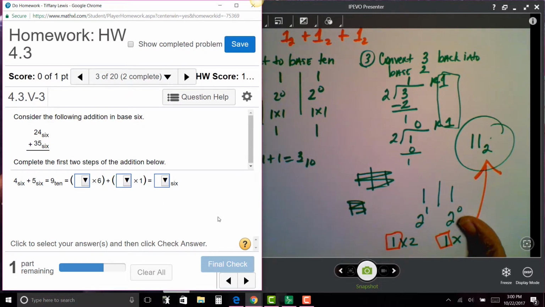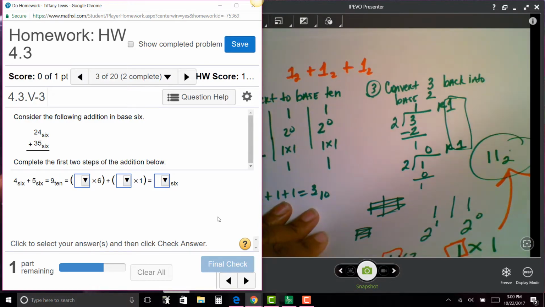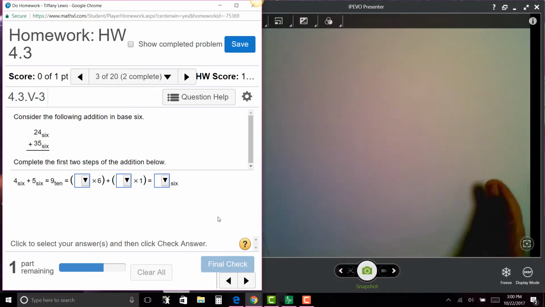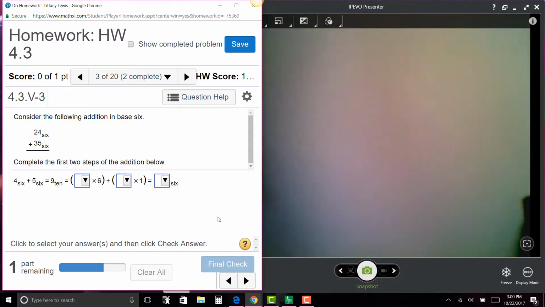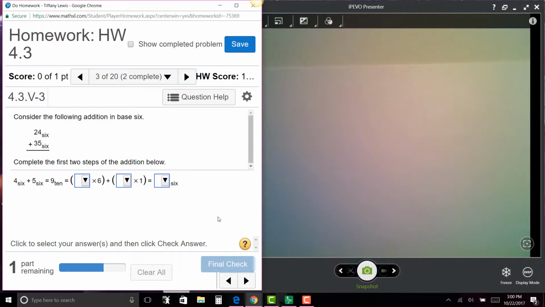And then let's look at this last one. 24 base 6 plus 35 base 6. So they're telling us what, we have some parts here.